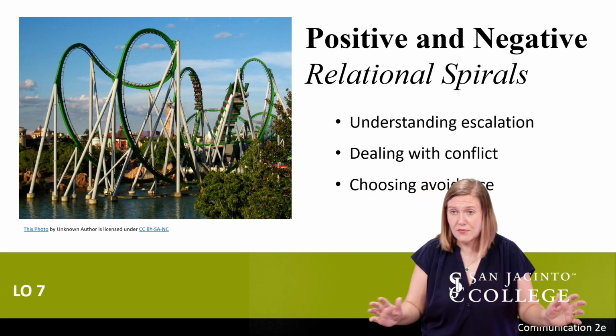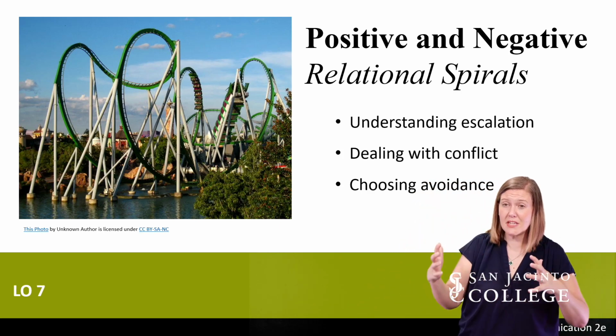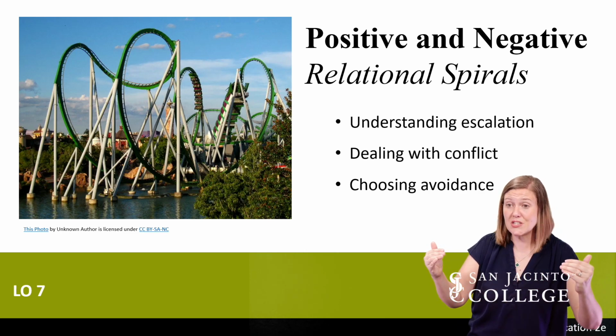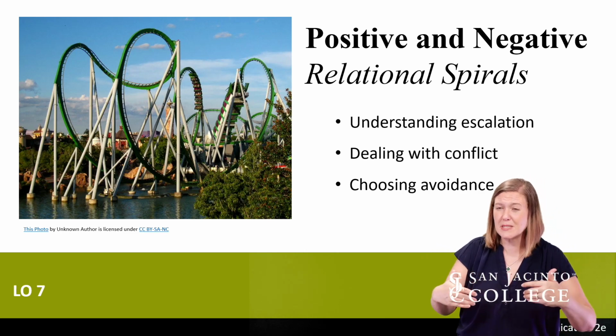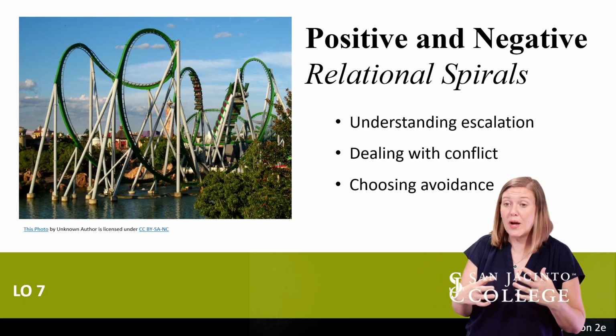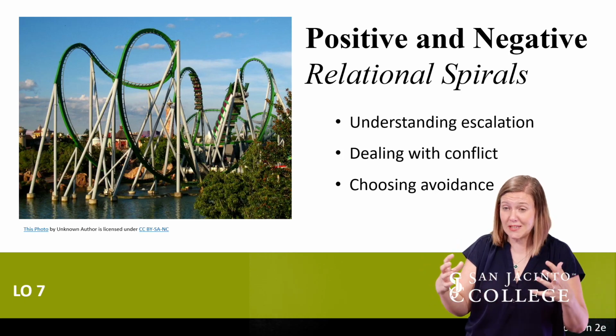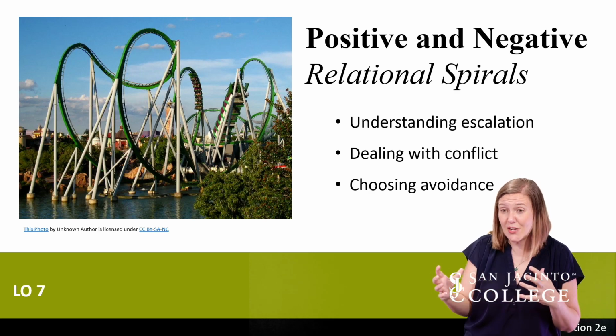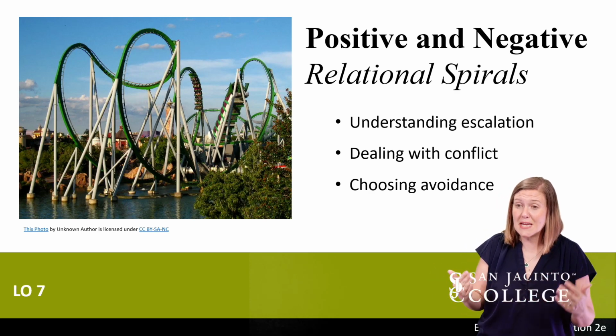So we want to be careful in this process of positive and negative relational spirals, which can happen. We need to understand that escalation is possible and that oftentimes it's probable, right? But when we're dealing with conflict, especially, we don't want to let that take over. We want to be able to step back.